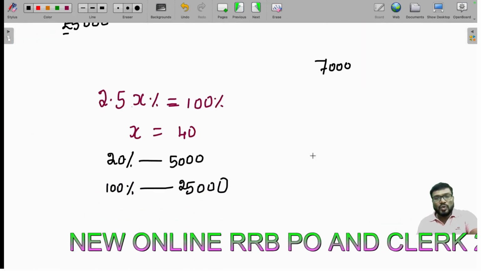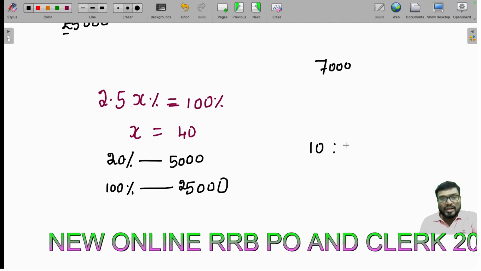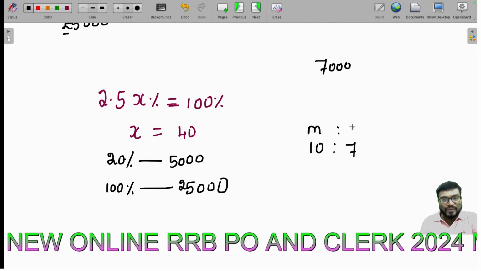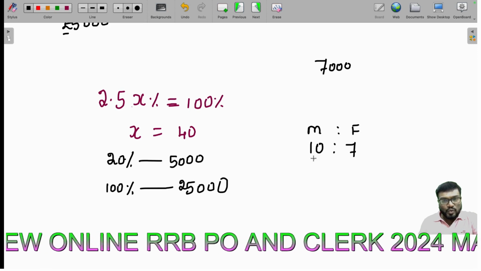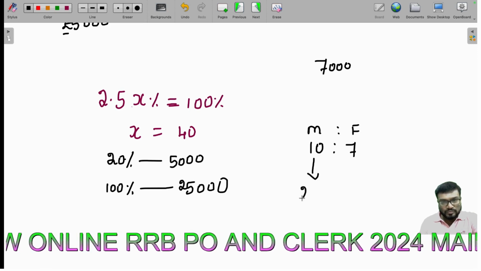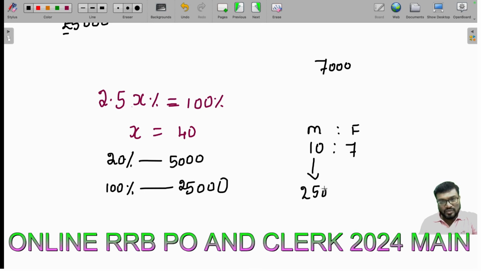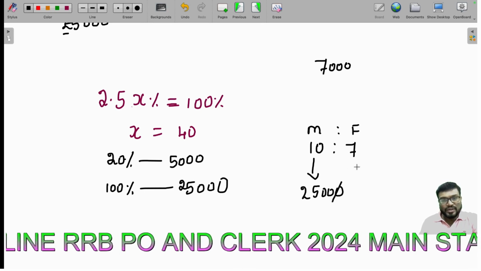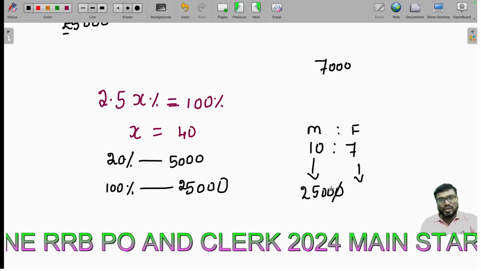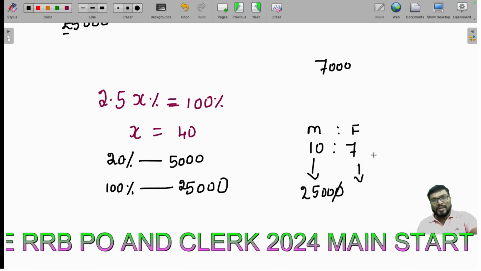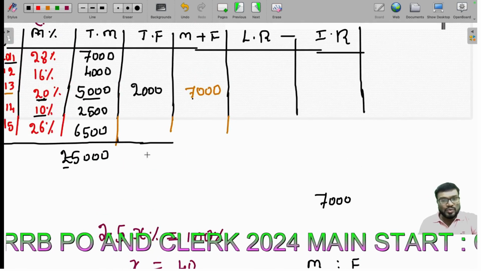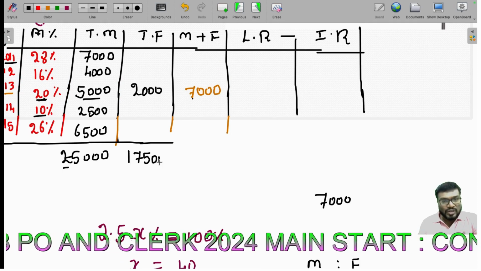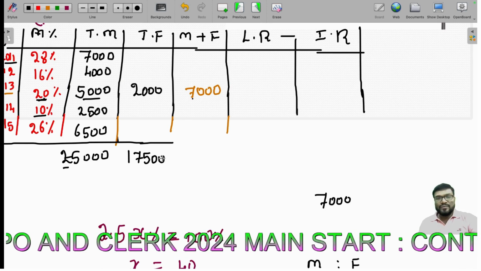According to the ratio 10:7 of total males to total females, and total males I know, 25,000. 10 parts is equal to 25,000, 1 part is equal to 2,500. Then 7 parts I need to find out, that is 17,500 is the total females.